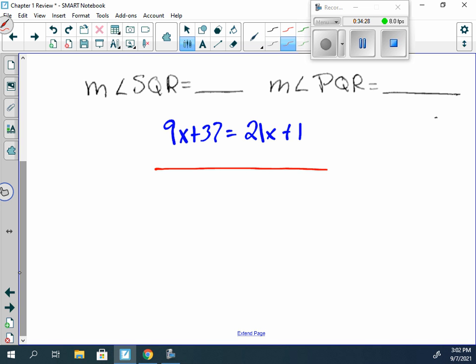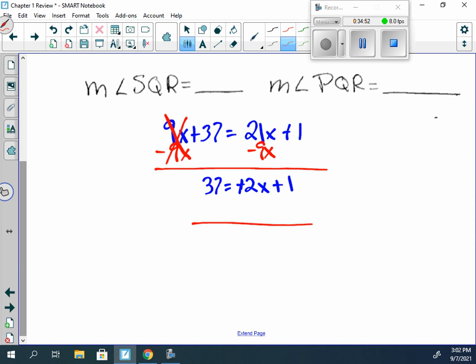What can we do first? We can subtract 9x from both sides. 9x minus 9x would be 0, leaving us with 37 is equal to 21 minus 9 would be 12x plus 1.